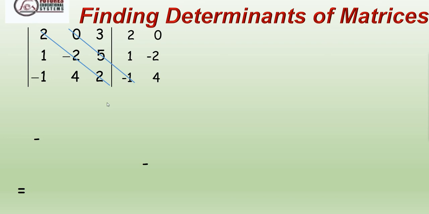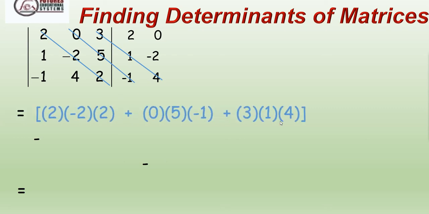The third step, multiply 3 by 1 by 4. Minus multiply 3 by negative 2 by negative 1. Plus multiply 2 by 5 by 4. Plus multiply 0 by 1 by 2.